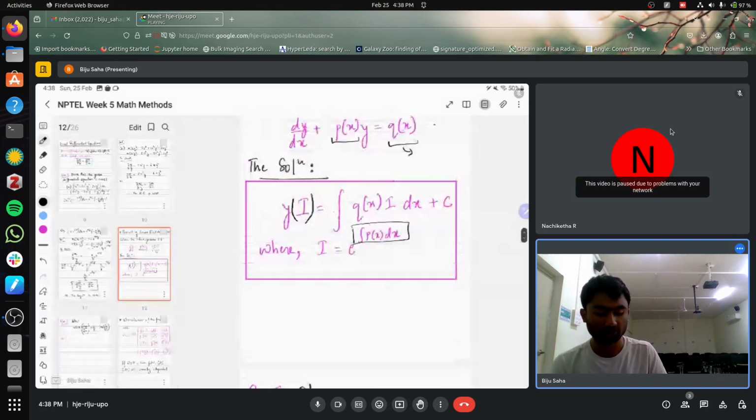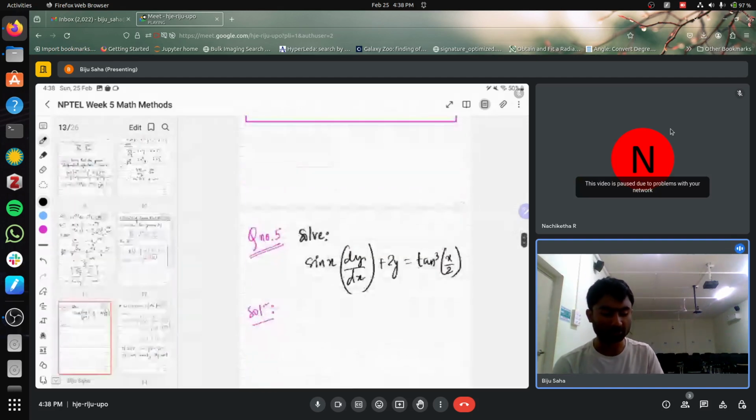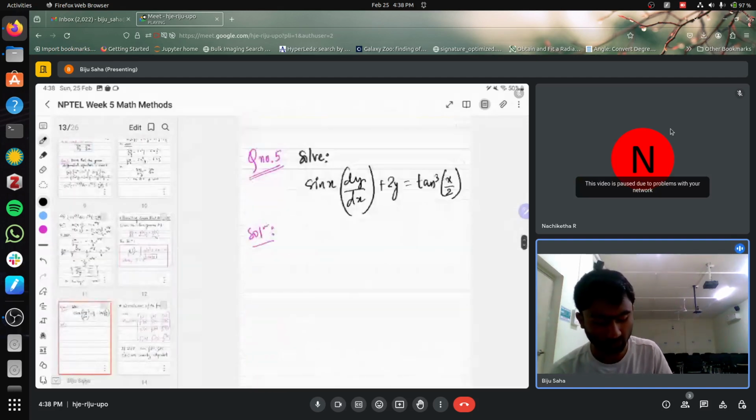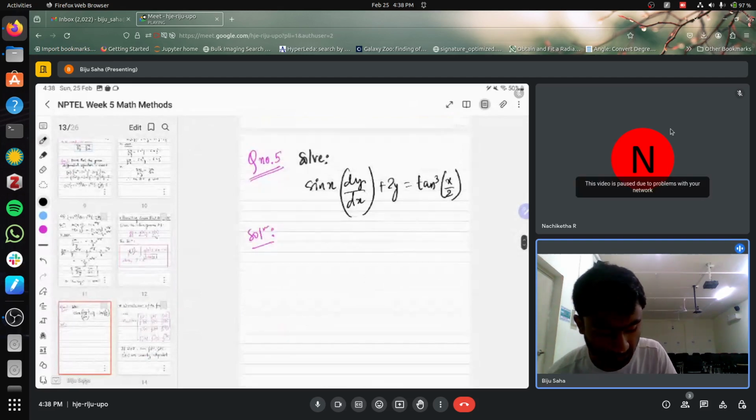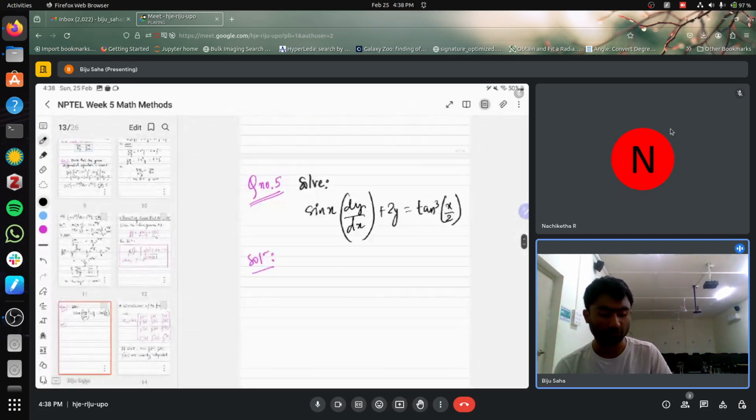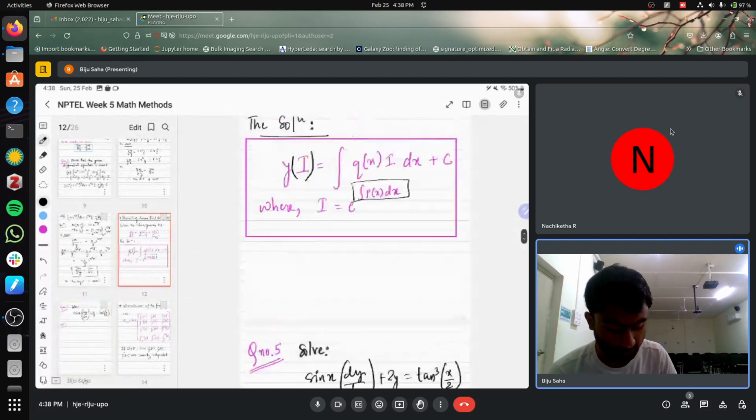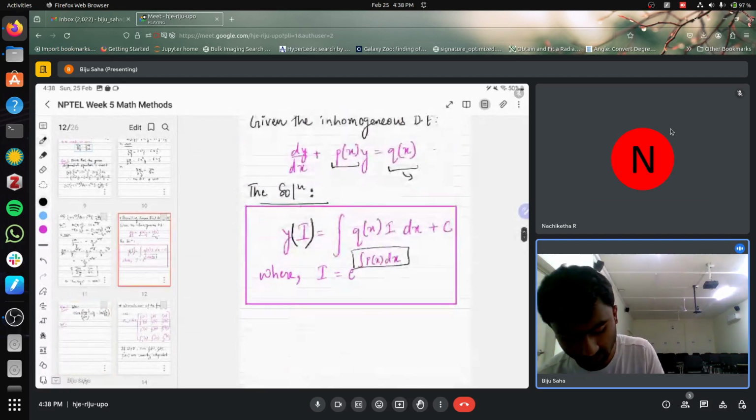Let me proceed towards applying this formula to solve this differential equation. First of all, let me compare this differential equation.